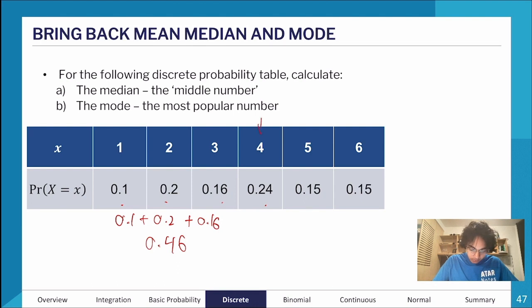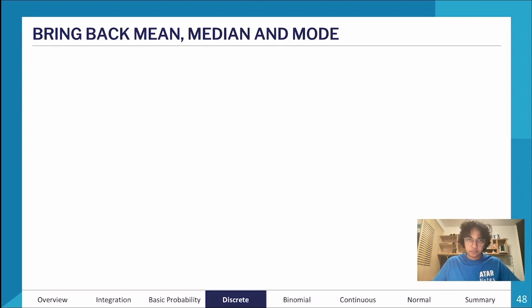So I'm going to say 4 is my median, right? Because 50% lies below and about 50% lies above, right? And to work out the mode, I want the most popular number, or the number with the highest percentage chance of happening. If I look at these, 0.24 has the highest chance of occurring, and so that must be the mode, right? And so your answers for both A and B are 4.